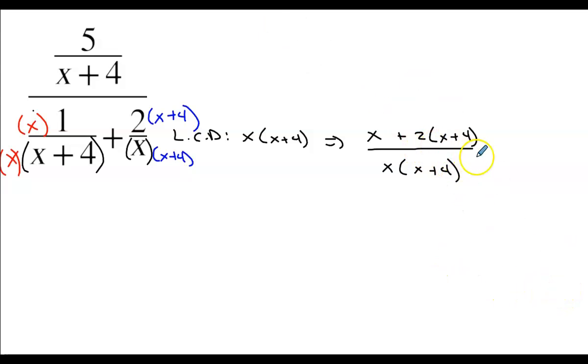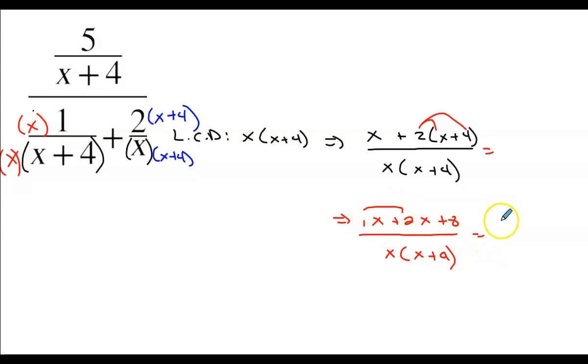Simplify as much as you can before you do keep change flip. This will give me x plus distribute the 2, 2x, distribute 2 again, plus 8 over x times x plus 4. Combine like terms, 1x and 2x is 3x plus 8 over x times x plus 4.